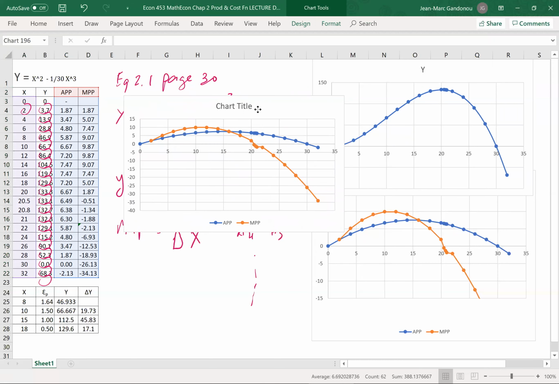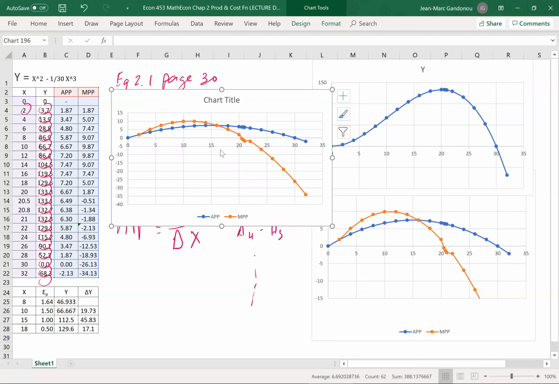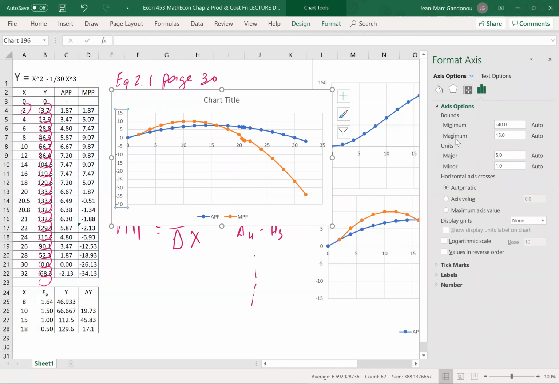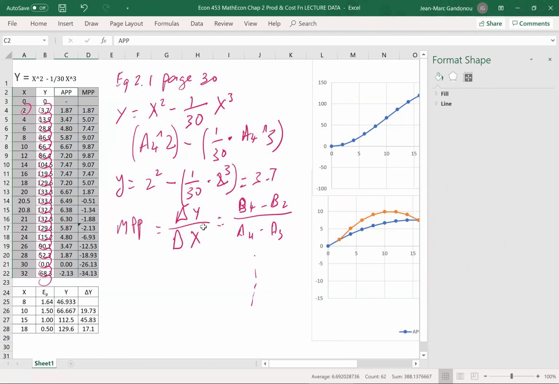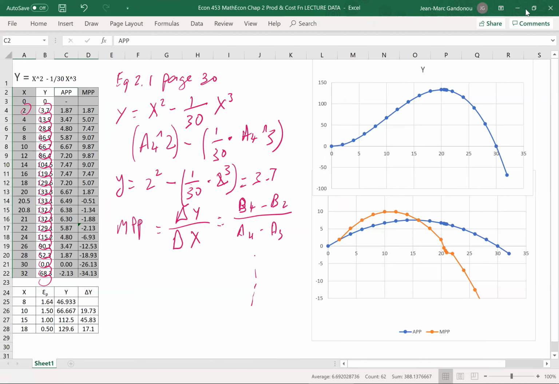So, but notice what I did here, okay, I didn't go all the way down to minus 40, I cut it, and to cut that, I just go here, and I limit my minimum to minus 15 because I just don't want to see all that. And so that's how I cut back the Y section. So this is how you can graph, okay, a production function.